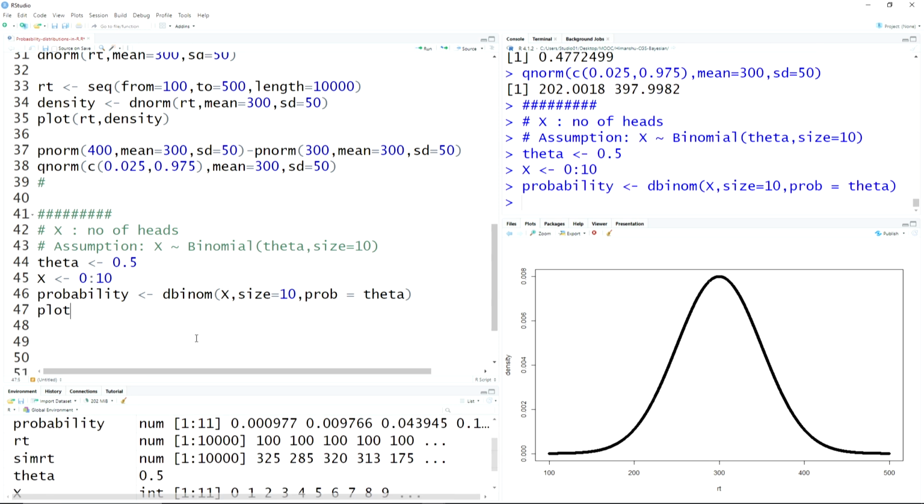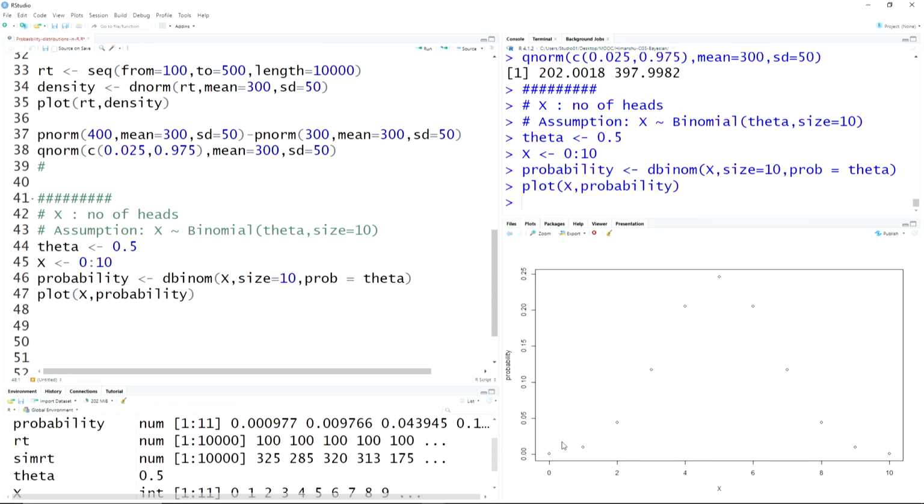Now, if you draw the graph between x and probability, you will see the graph of the probability mass function. See, this is the graph of the probability mass function. The value of x being 5 has the highest probability, and then probability decreases for the other values, right. So, this is the graph of the probability mass function under the assumption that theta is 0.5.